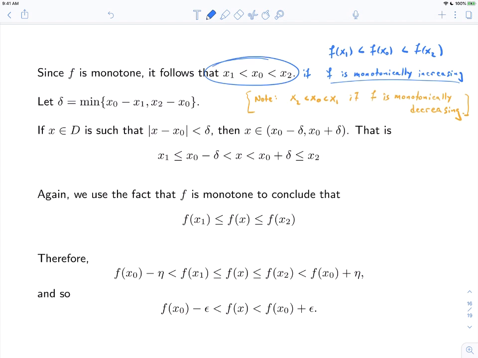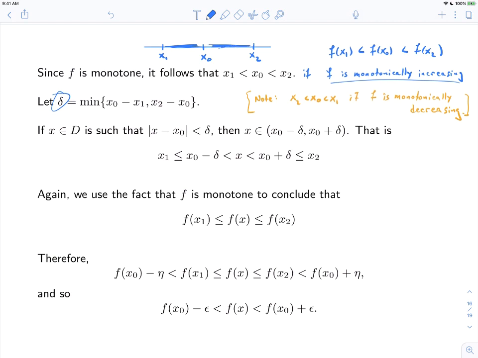So what we're doing now is we're looking at, let's just draw our number line again. So this is x1, and this is x0, and this is x2. What we're going to do is pick delta to be the smallest of the distances here. We're going to look at the distance between x1 and x0, and the distance between x0 and x2.